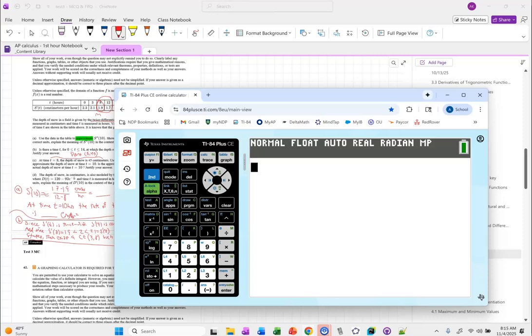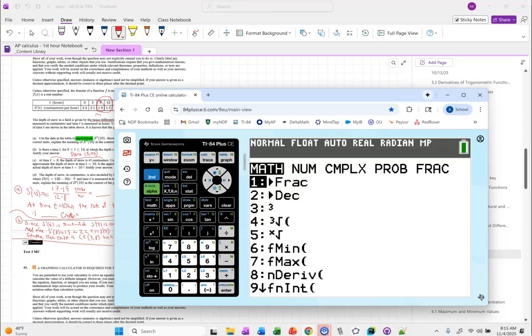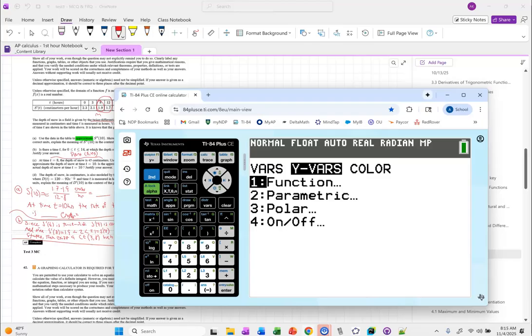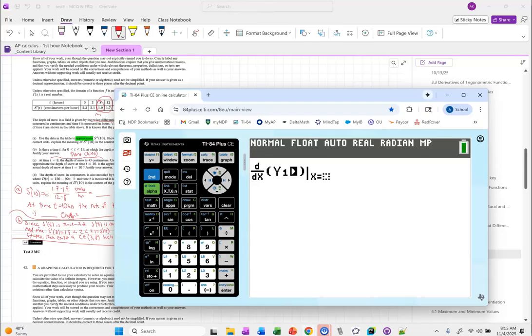And then we'll do math and derive x. We'll do y1 here, so vars, y vars, function y1, and then 10. So there's my answer, about 1.79.